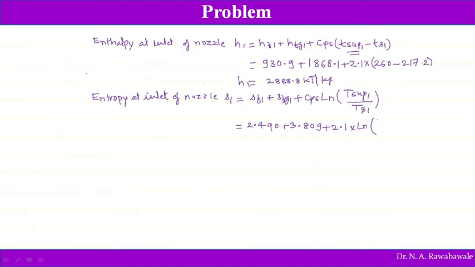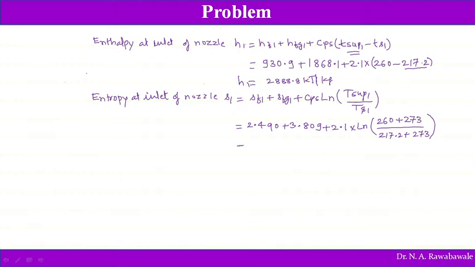Temperature of superheated steam is 260 degrees Celsius, but here we want it in Kelvin, so that's 260 plus 273, divided by the temperature of saturated steam, 217.2 plus 273.